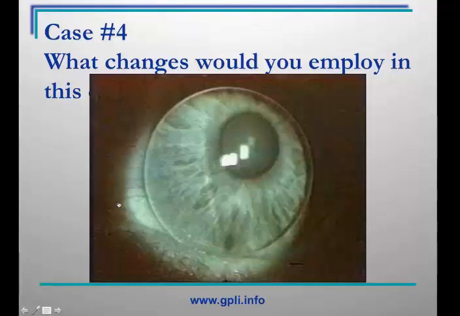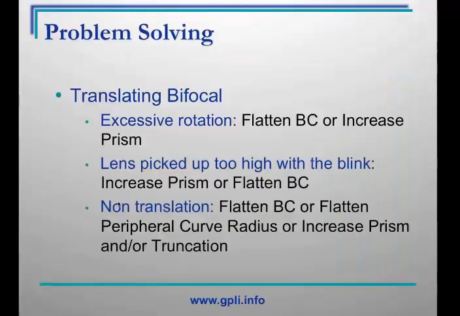And most translating designs are fit on K or slightly flat because you want those lenses to fall and sit on the lower lid. You don't want them to try to center as a steep lens will do. So if you see a lens rotating such as this, I would go to a flatter base curve to help rectify the problem.